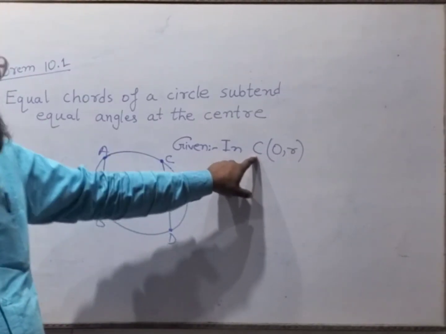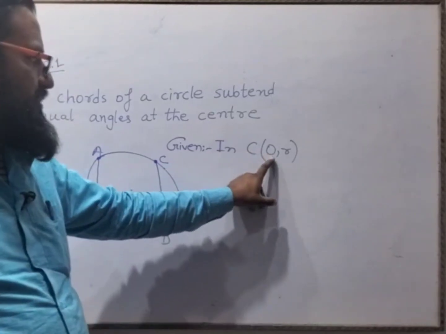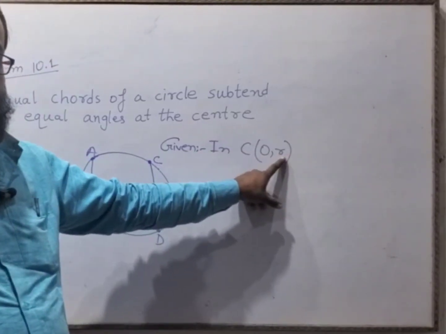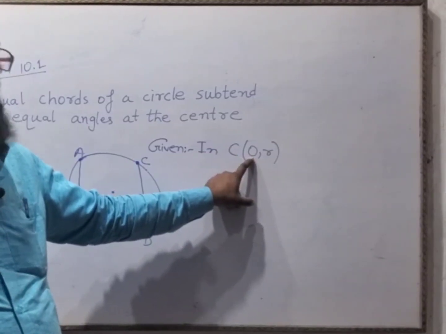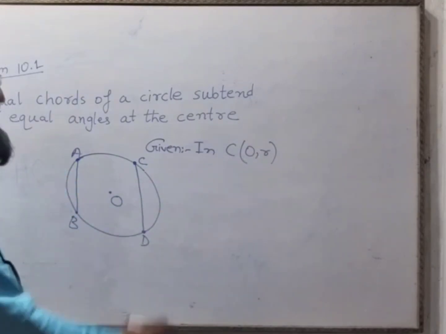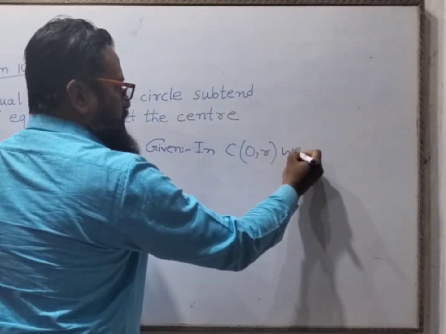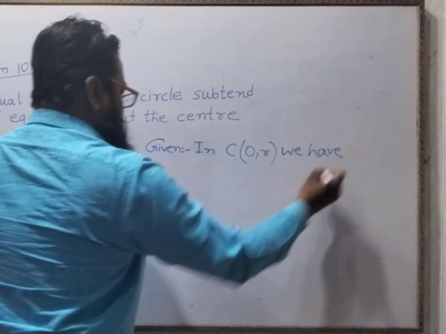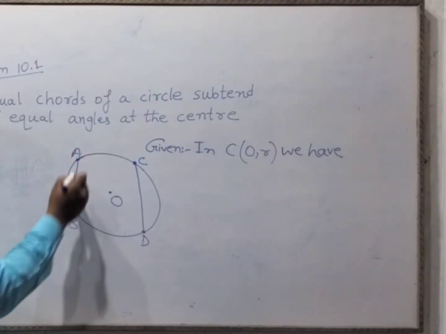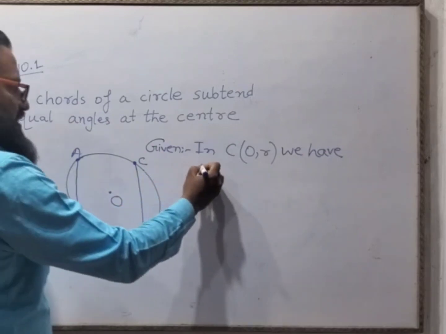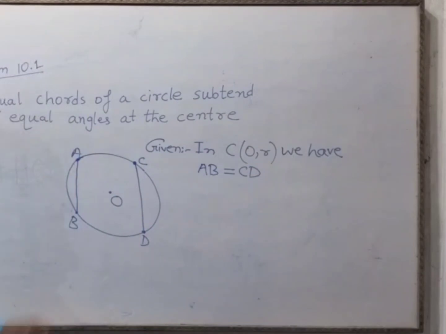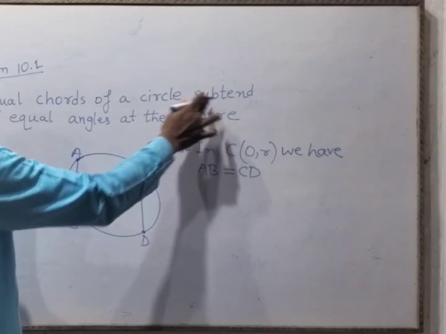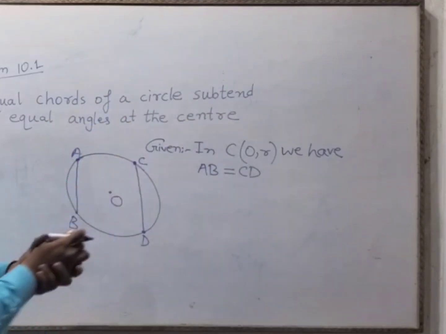C denotes circle, O is the center and R is the radius. It means that there is a circle whose center is O and radius is R. In C(O, R), what is given? Two chords that are equal. Then we can write AB = CD. It is given. Equal chords of a circle subtend equal angles at the center.